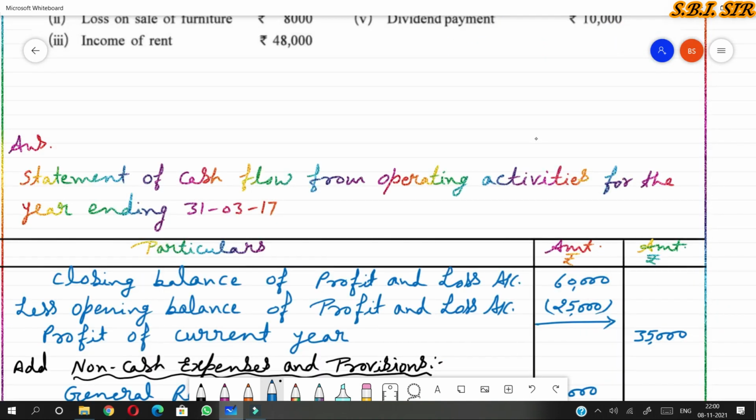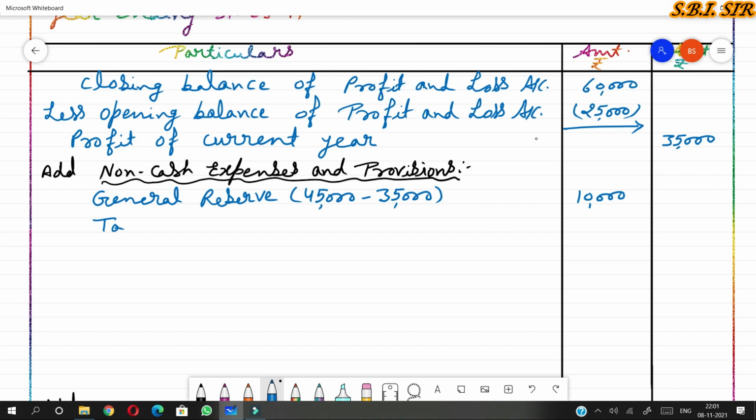Then we will write taxation provision 38,000.